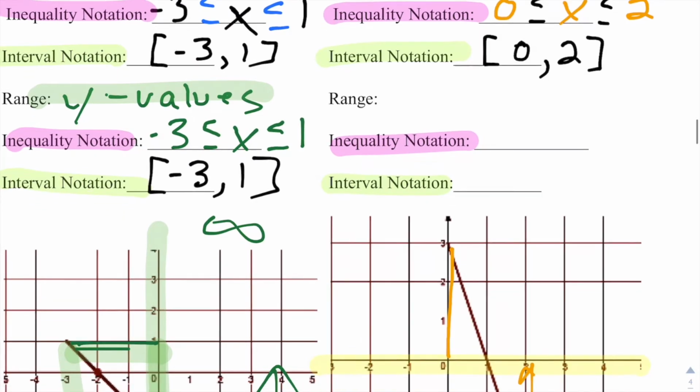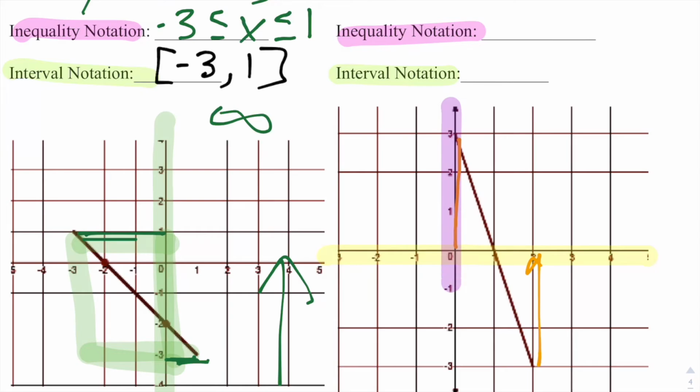Let's look at the range. When I'm dealing with range, I'm looking at only the y values. My line touches the y value at positive 3, and down here my lowest y value is -3. And remember, we read range bottom to top, so I would start with this one. My inequality notation would have -3, then a y in there, and then it stops up here at the top, which is +3.